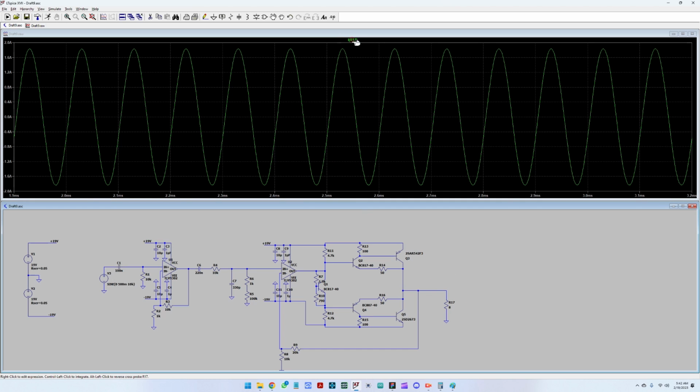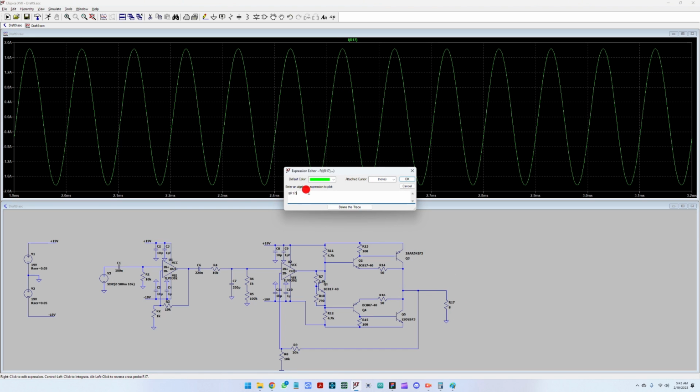But coming back to the output, so we're going to take this. To calculate the power for this, we are going to use the formula power is equal to current to the power of 2 times the resistance, which is 8 ohms.